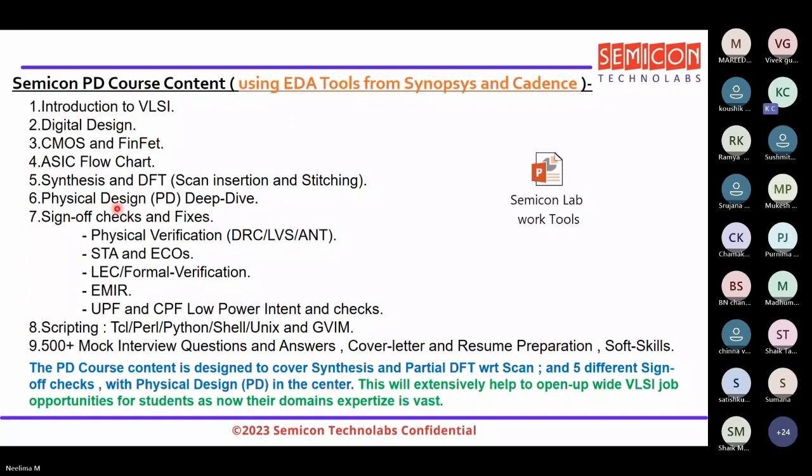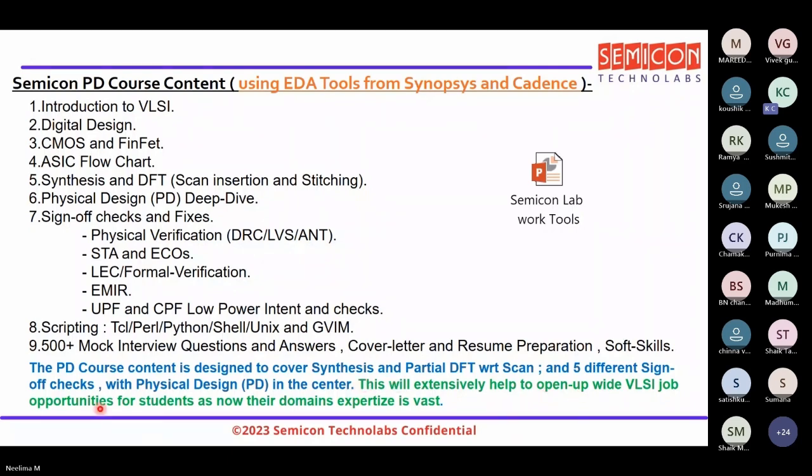Now, how will this help each of us? This will extensively help to open up wide VLSI job opportunities for students, as now their domain expertise is vast. So you saw the slides from Ramya in the initial stage of the presentation.